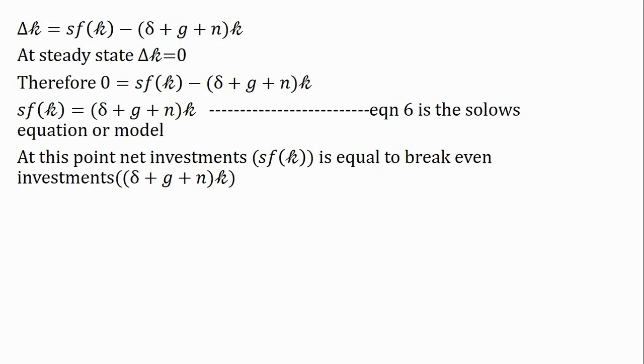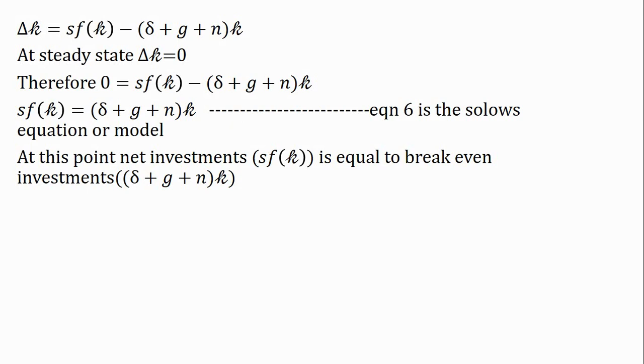Also, the capital output ratio in the Harrod-Domar growth model was assumed to be fixed. That was the theta. In the Solow's growth model, the capital output ratio is not fixed.